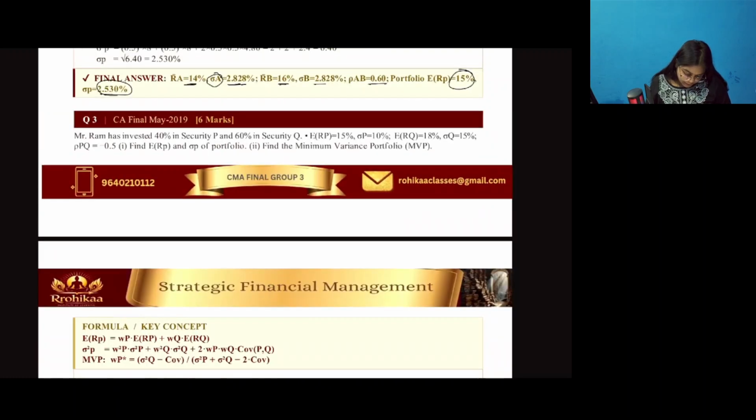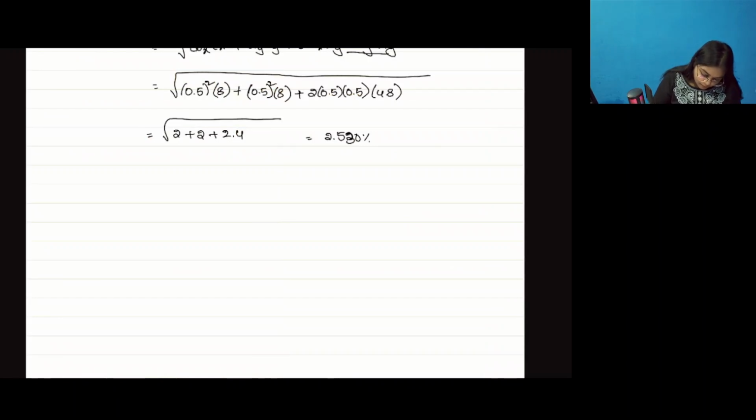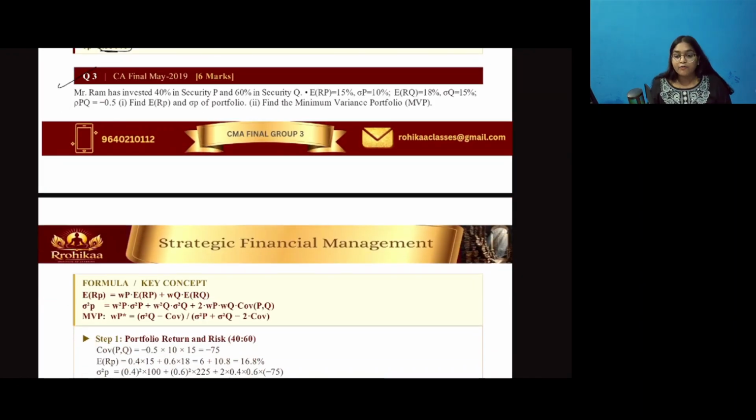Next if we go for third sum, question number 3. First we'll write the data which they have given.